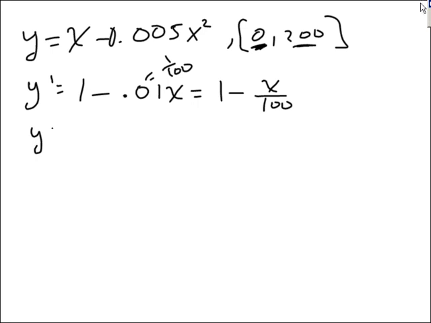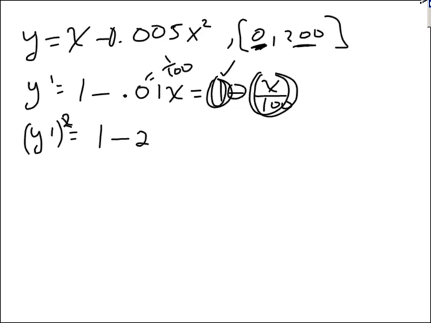Now, y prime squared, you have to learn how to square. You get the 1 squared, which is 1, minus, because there's a minus here, 2 times this times that. This times that should be first grade, because we're multiplying by 1. We get x over 100, plus the second squared, x squared over 100 squared. What's 100 times 100?